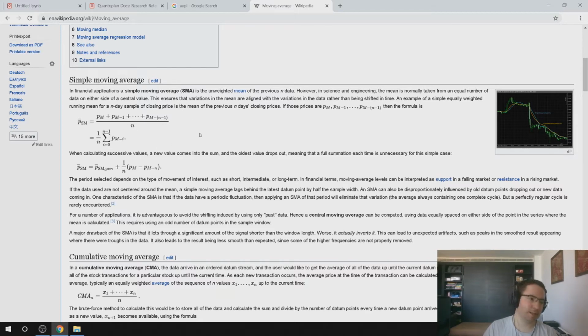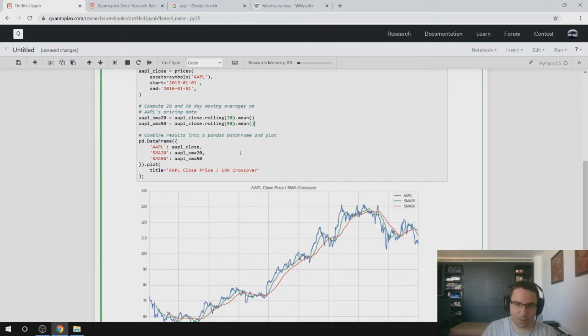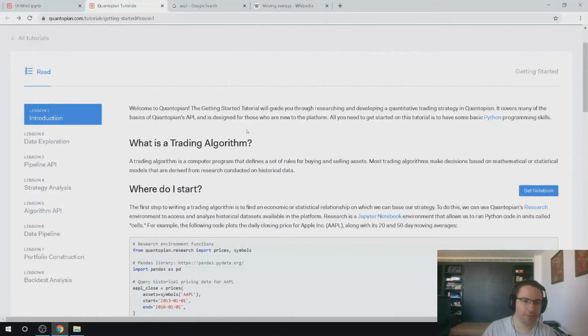So it's like you'd calculate any arithmetic mean, it's just you're taking historic values back in time. So in this wonderful graph, they've done one mean going 20 days back, and one mean going 50 days back. Alright, let's go back to the tutorial stuff.